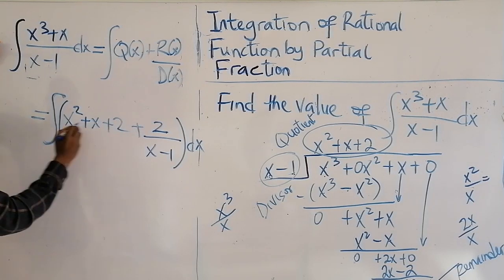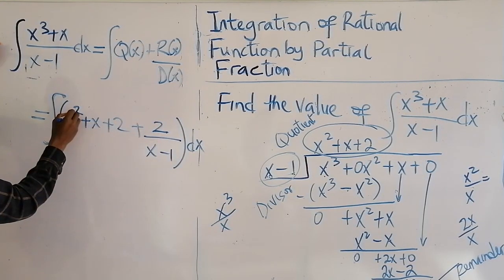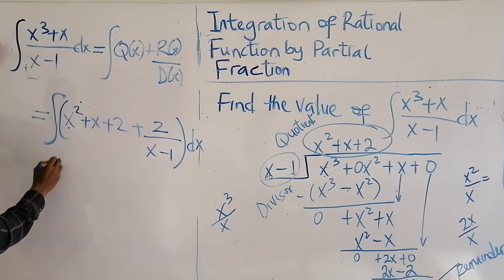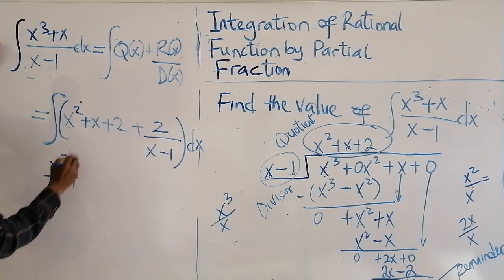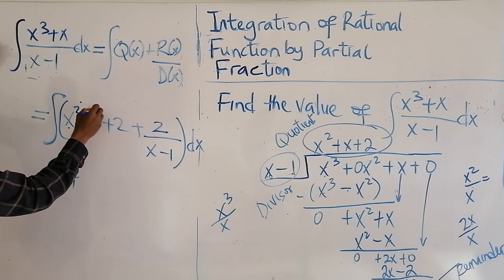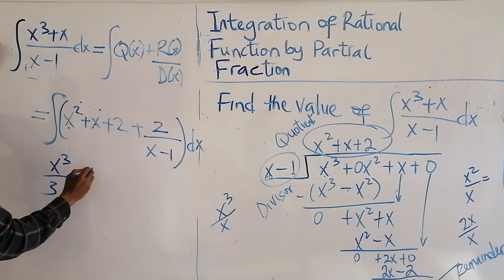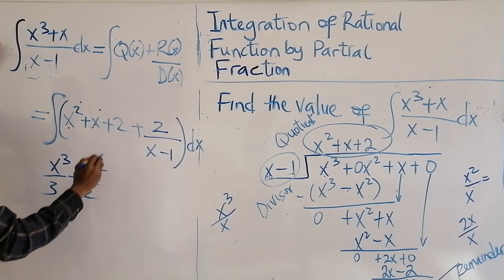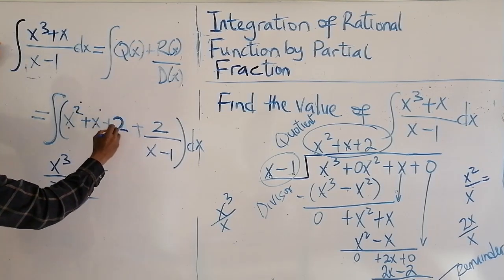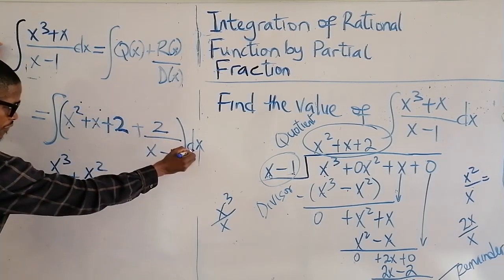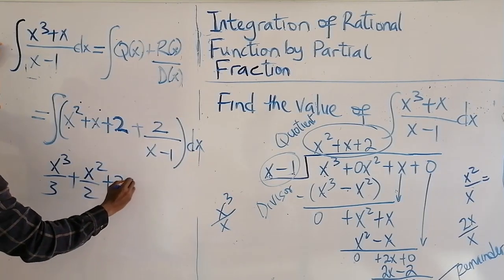Integral of x squared: this is power 2, so plus 1, that will be x cubed, then you divide by the new power, over 3. Then plus integral of x: this is power 1, so the power plus 1, that's x squared over 2. Integral of 2, a constant with respect to the function, we're going to have plus 2x.